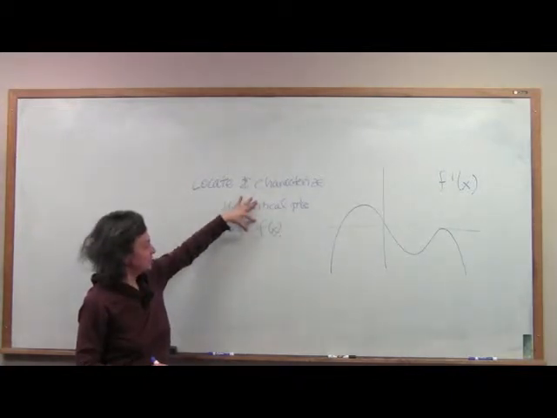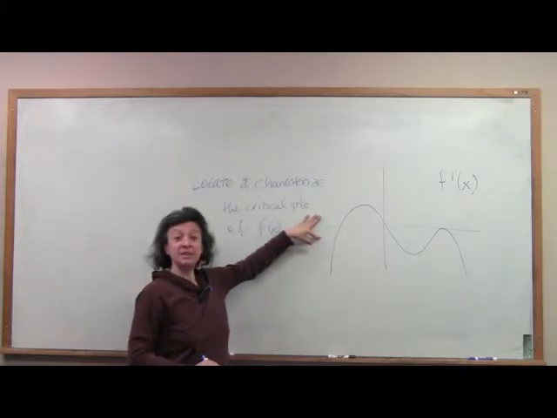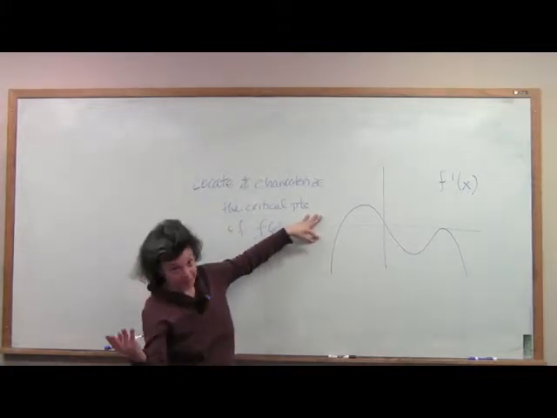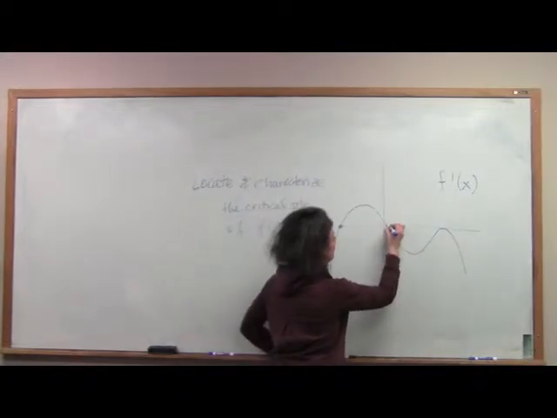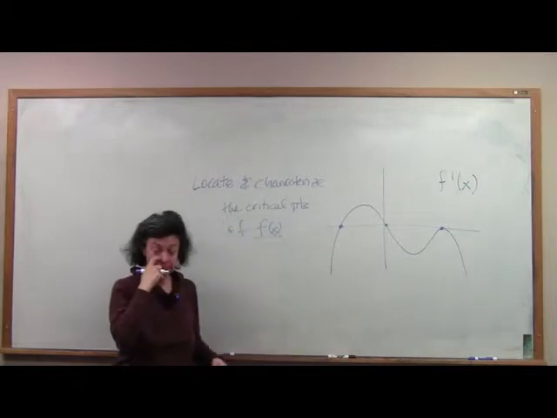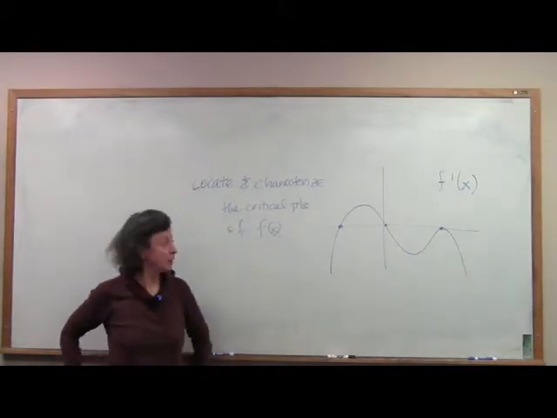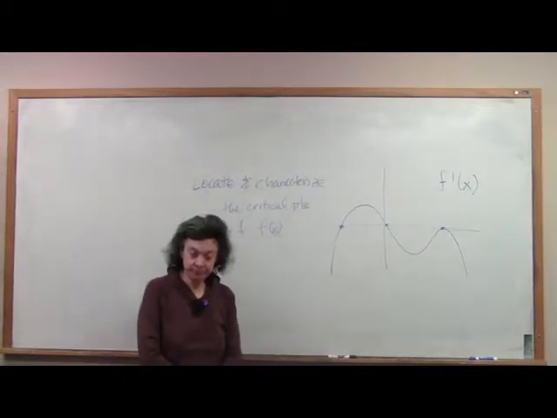So let's go on over to this graph and ask ourselves, where are my derivative function values equal to 0? I claim right here, and also right there. That's precisely where my derivative is equal to 0.